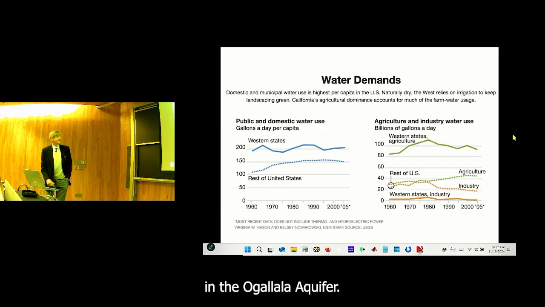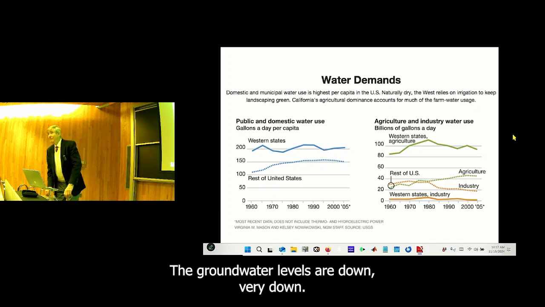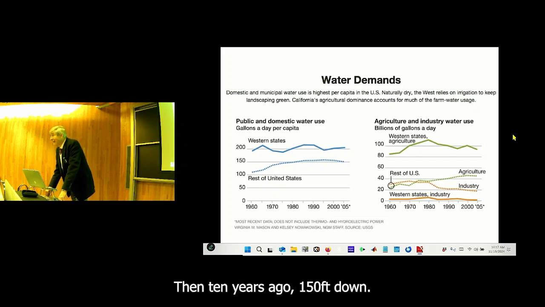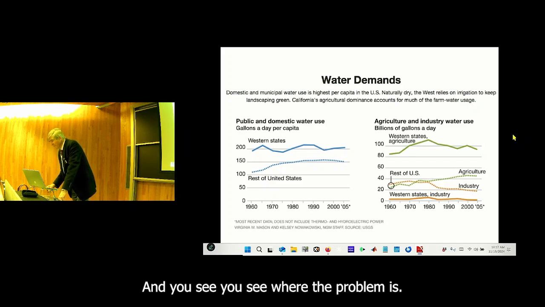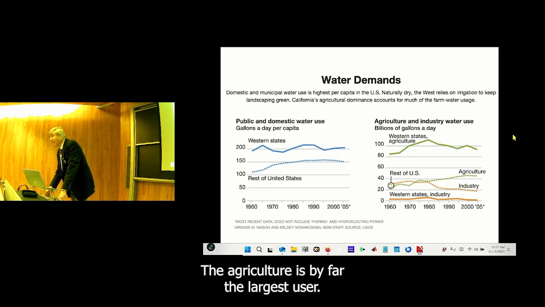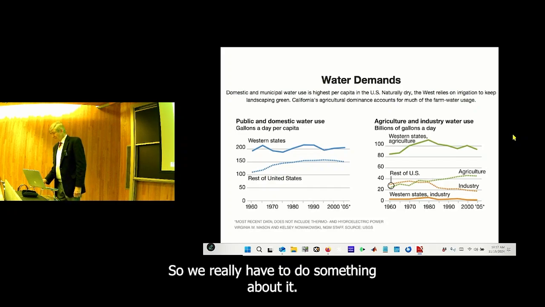In the Ogallala aquifer, the groundwater levels were down then, 10 years ago, 150 feet. It's not going back up, it's just going down. And you see where the problem is. The agriculture is by far the largest user. So we really have to do something about it.